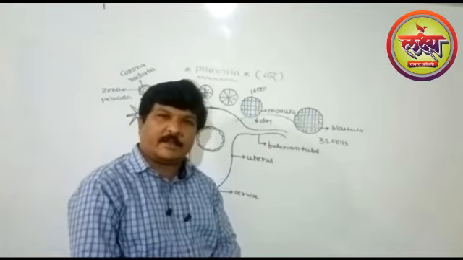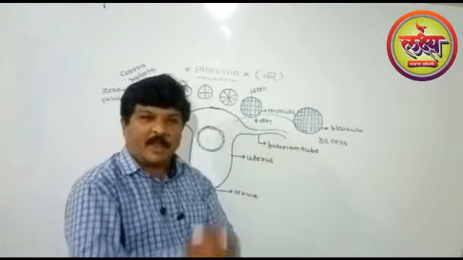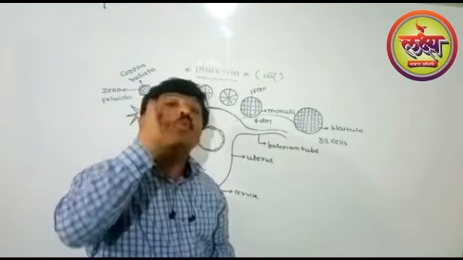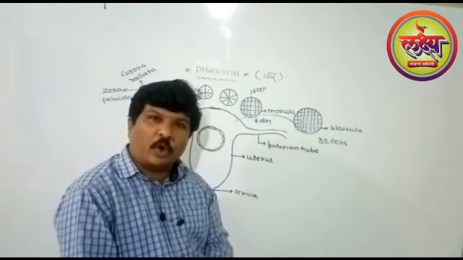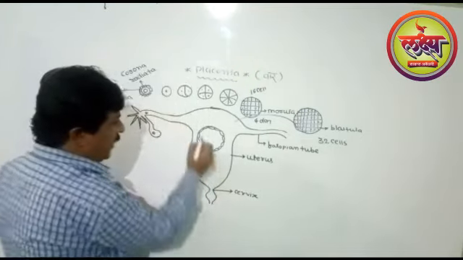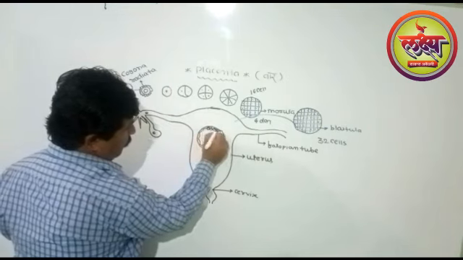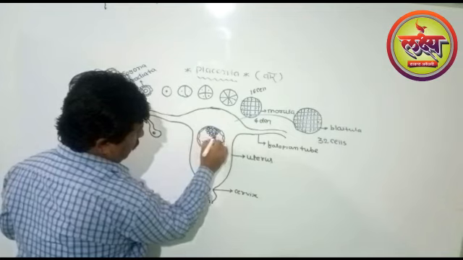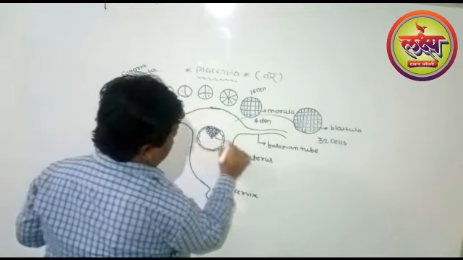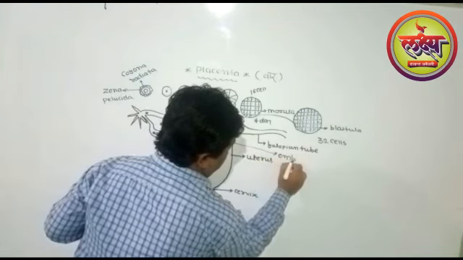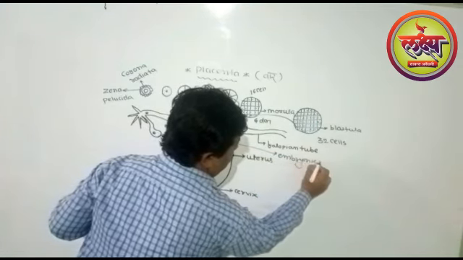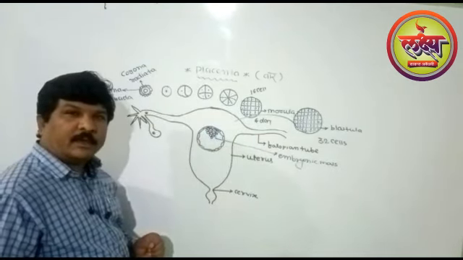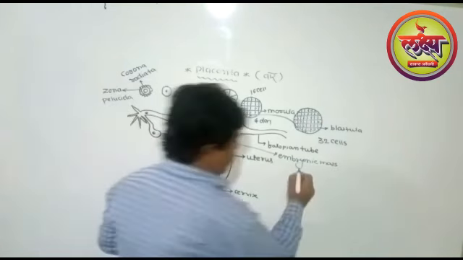Those innermost cells start to rearrange and go towards one side, and then form a group of cells that we call the embryonic mass.